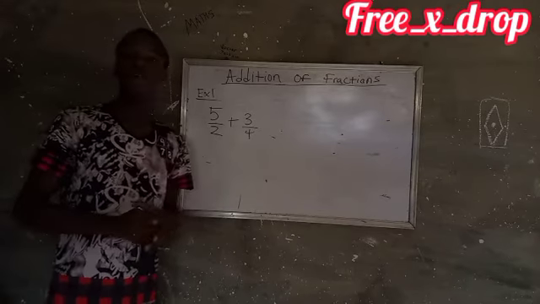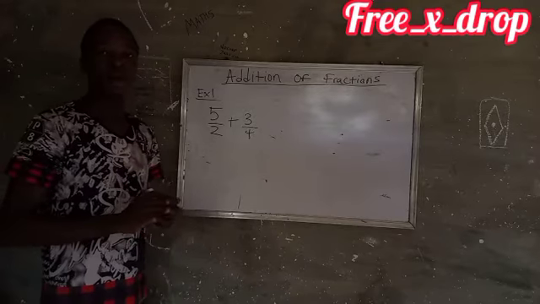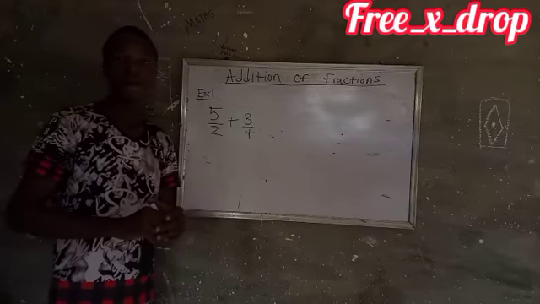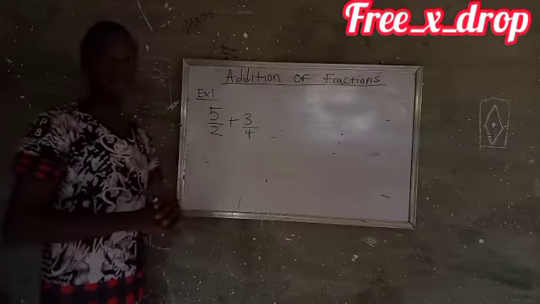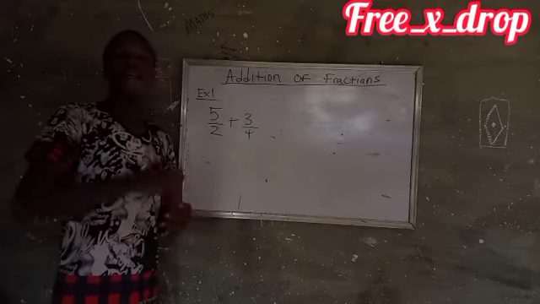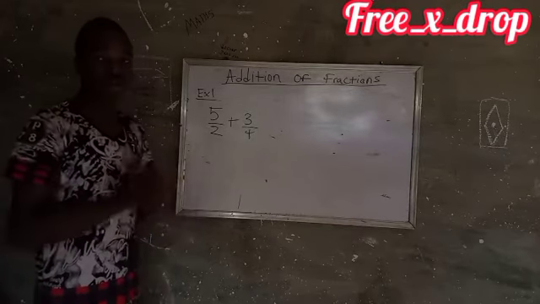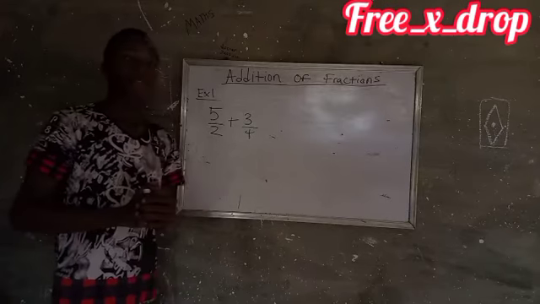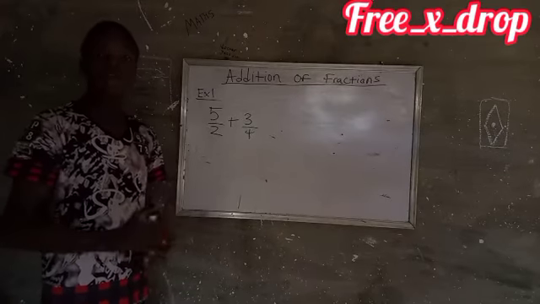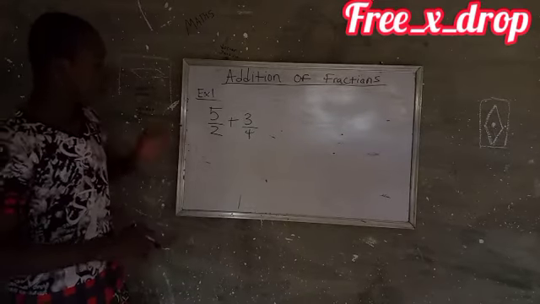This is our question today. But the first thing we are going to be doing is taking the L.C.M of this one. We are going to be using the L.C.M method to solve this, and then I will show you the method which I want to show you, and you cross-check if the answers are actually the same, which they will be.